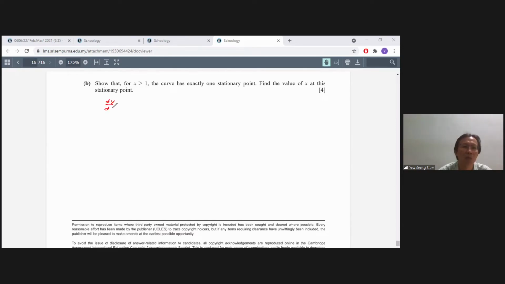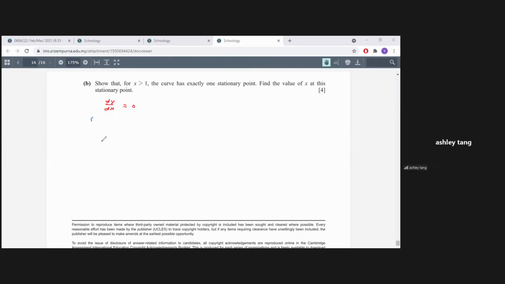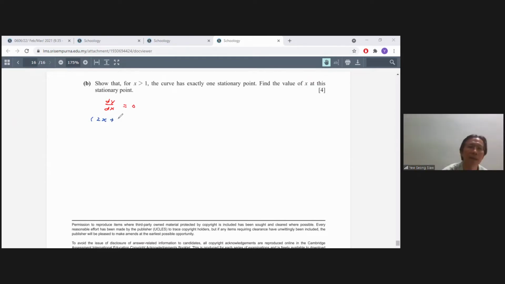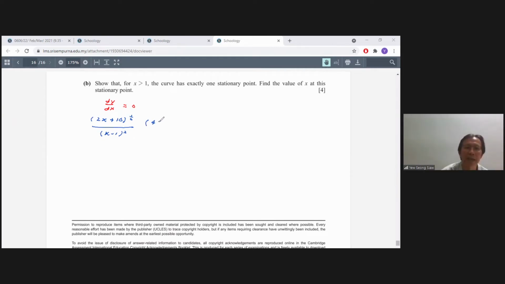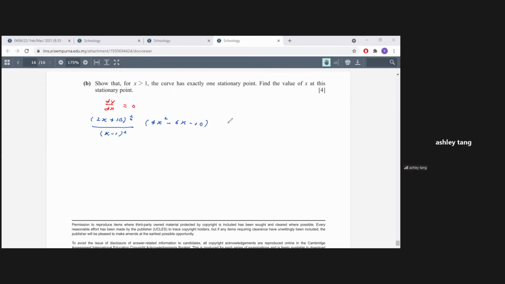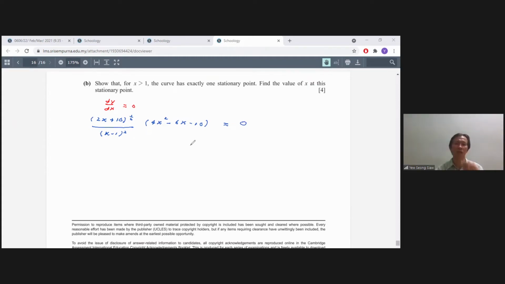It's 2x squared plus 10 power 1 over 2, over x minus 1 squared, times 4x squared minus 6x minus 10, equals to 0. So we have to solve this.